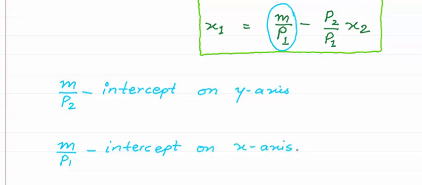Now let's move on to the other factors which affect the movement of the budget line. The first and most important factor which affects the budget line of the consumer is the income of the consumer. In case the income of the consumer changes, the budget line will shift parallelly.